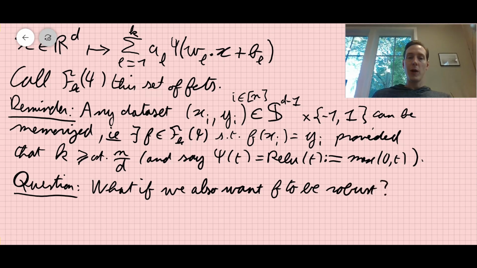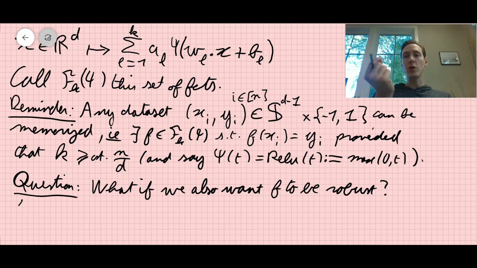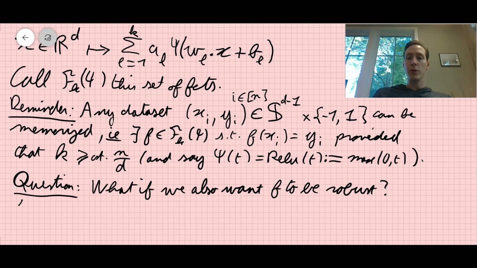What do I mean by that? I mean that it's stable. So if I give it x, it outputs f of x, and I want that if I give it a point which is close to x, then the output is also going to be close to f of x. This is just the definition of Lipschitzness. So what if we also want f to be robust? Say the Lipschitz constant of f is some constant.